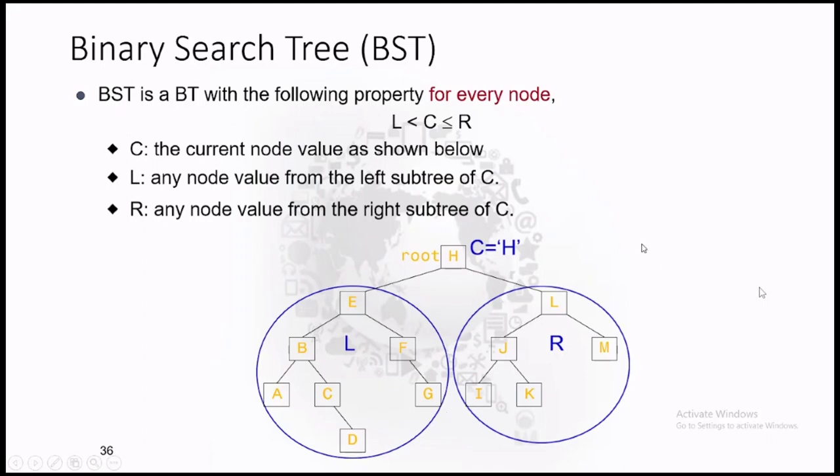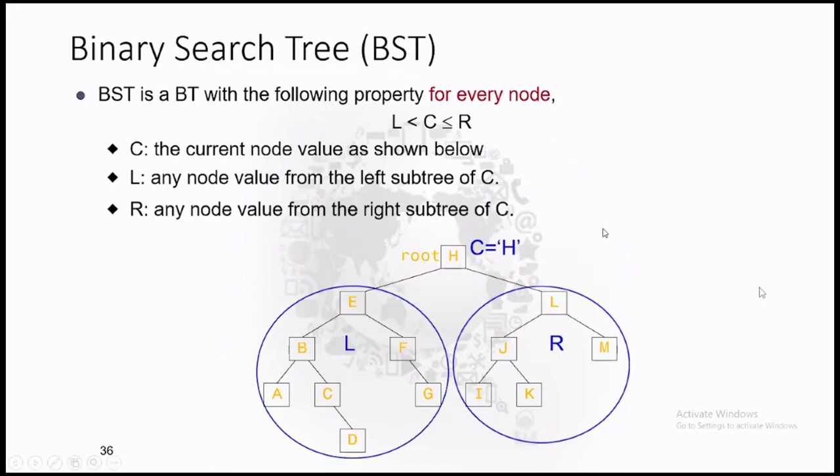So let's say I ask you, I want to find the A in this tree. So how are you going to find it? Of course, you start to think. H will be the middle, like the current node. So where does A place relative to H? Is it left or is it right side?